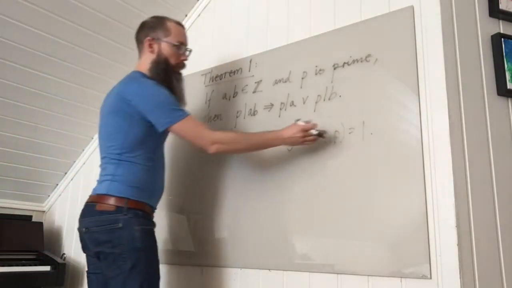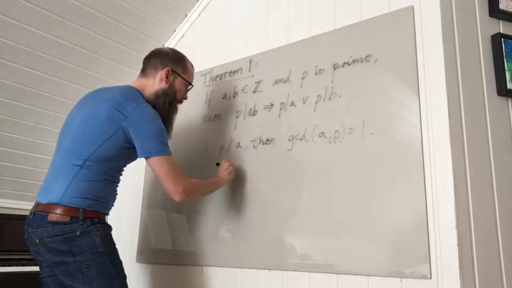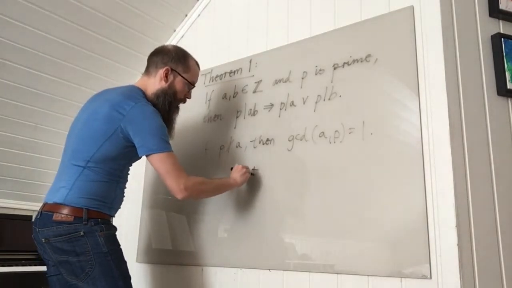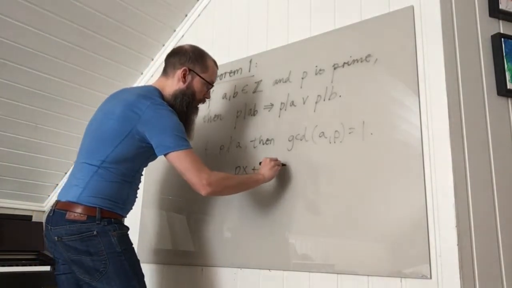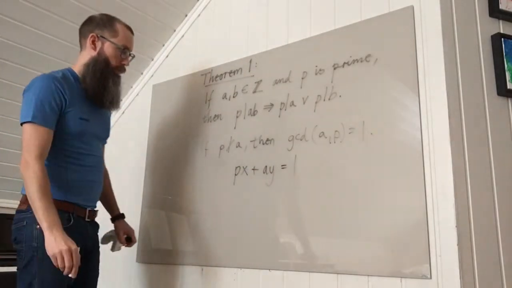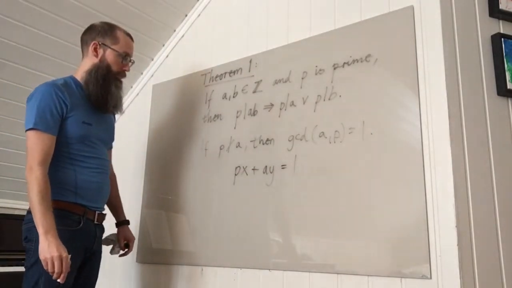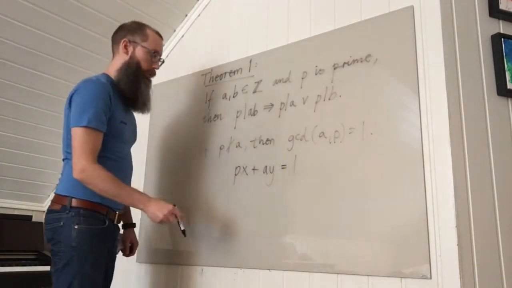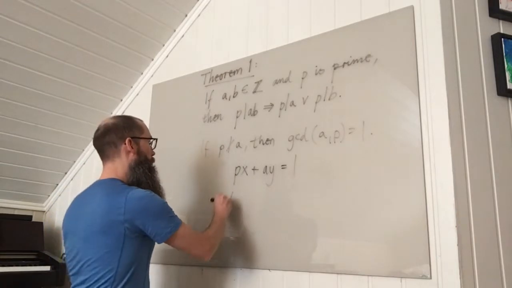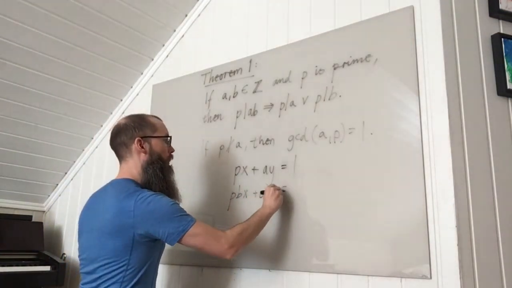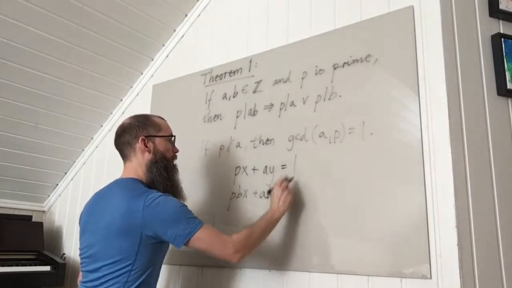That means that a and p are coprime, so I can write px plus ay equal to 1 for some suitable choices of x and y integers. Now I'll multiply the whole equation by b. So pbx plus aby equals b.